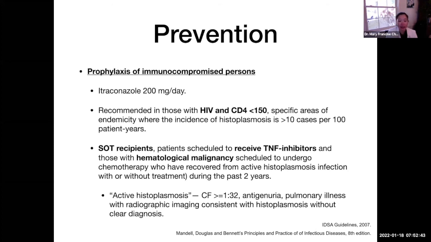And in the guidelines, they defined active histoplasmosis as being positive for antigenuria, having a CF titer of more than or equal to 1:32, or having had a recent pulmonary illness with radiographic imaging findings consistent with histoplasmosis without a clear diagnosis.